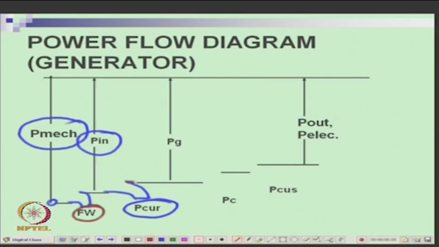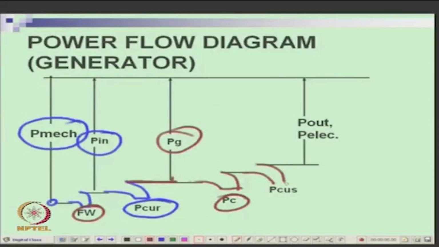What is remaining is then available at the air gap. PG is the power at the air gap, which will now transfer through the air gap. Where does it go? It gets into the stator, unlike in a motor where the power from the terminal gets into the stator and then to the rotor.